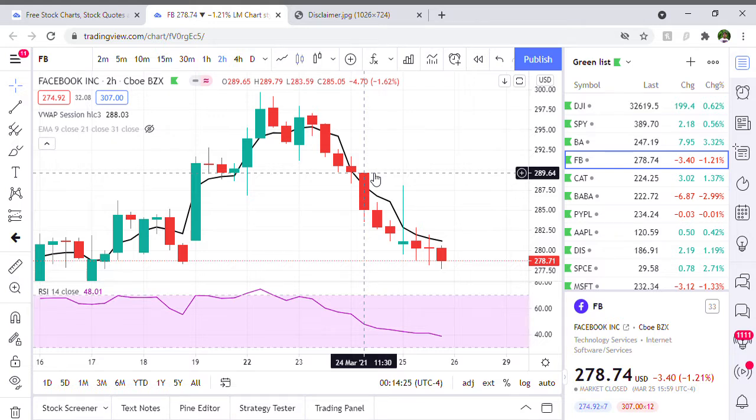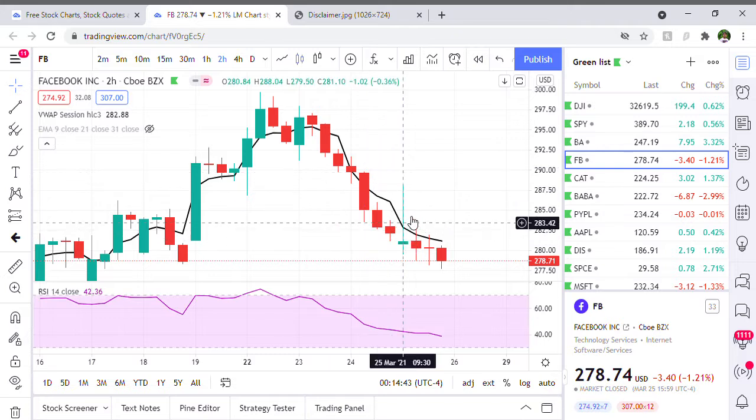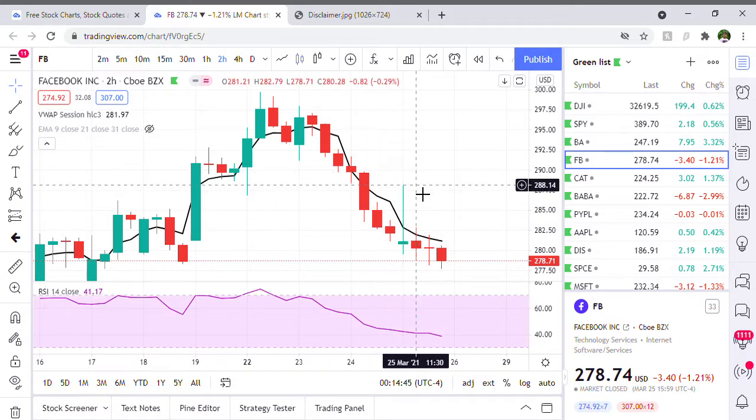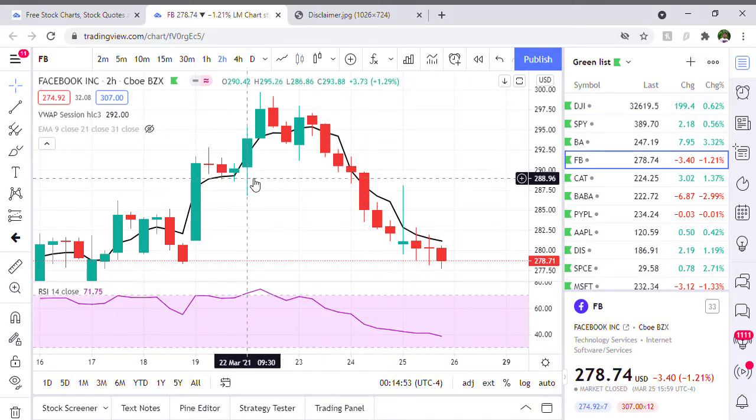If the stock is able to go above 289.7 and maintain that for at least 30 minutes, then only we can confirm that it came back to a bullish trend or gave a reversal. Until then, we are in bearish mode. It did give a bounce, but only till $288, and it could not sustain that. Also, it fell quickly. So we are still in bearish mode.